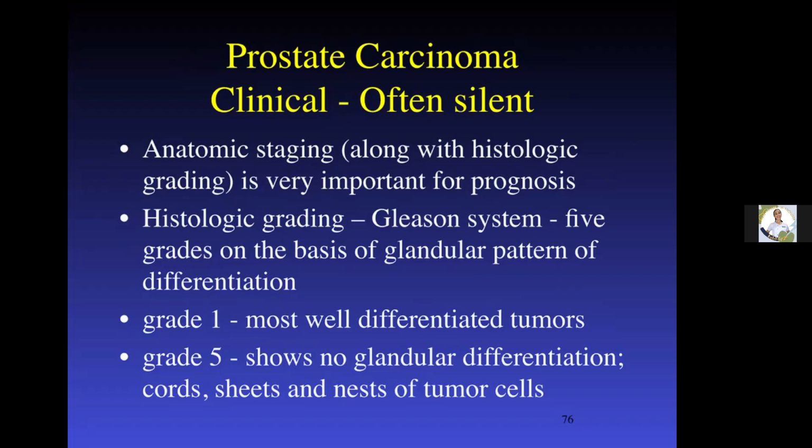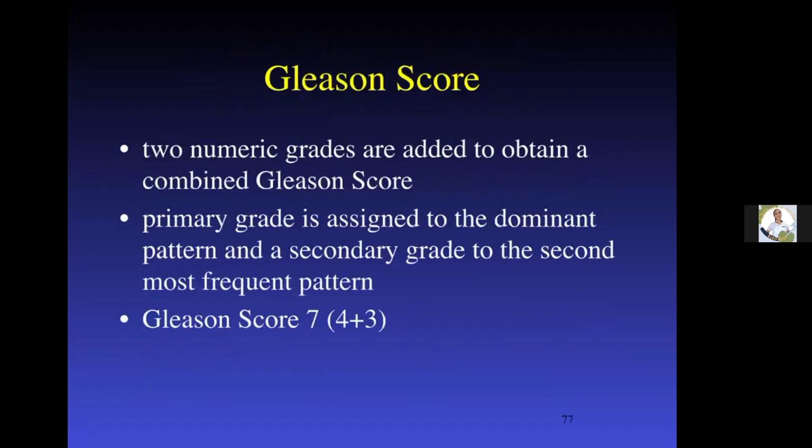Grade 1 being the most differentiated tumors, meaning it looks very similar to the normal prostatic glands. And your grade 5 shows no glandular differentiation. You can see cords, sheets, and nests of tumor cells. So grades 1, 2, 3, 4, and 5. Grade 1, well differentiated, to grade 5, the poorly differentiated tumor.